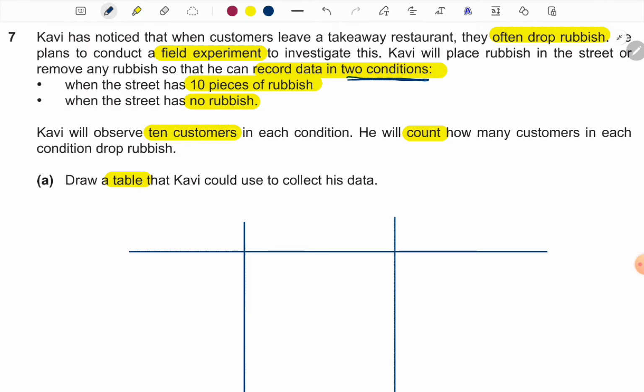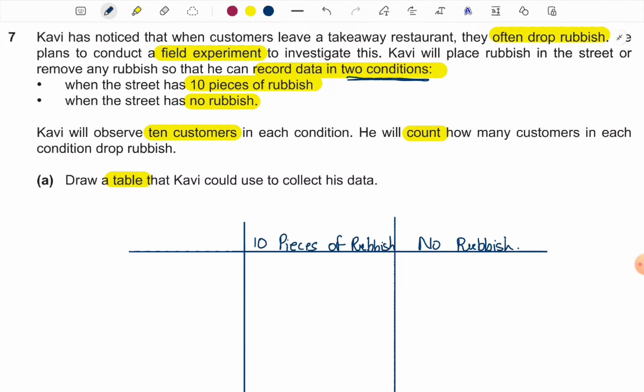So what we can write here is 10 pieces of rubbish, and on the next column we can write no rubbish. Okay, so definitely that will come on the top as vertical columns.